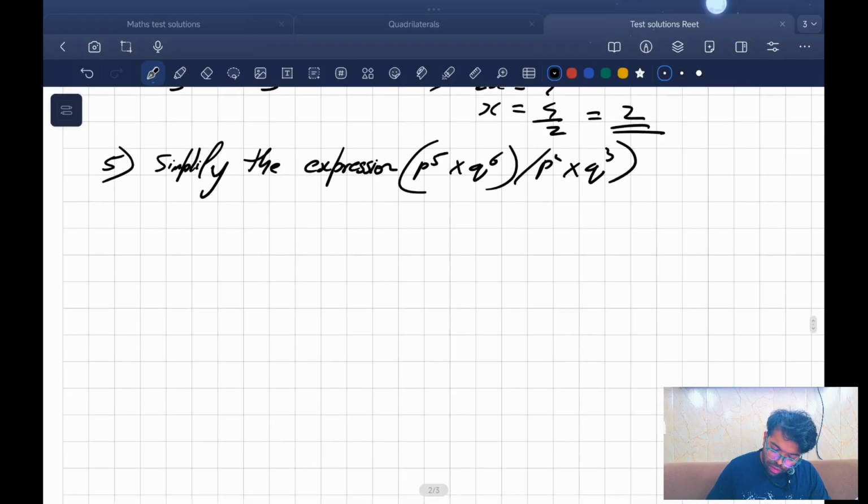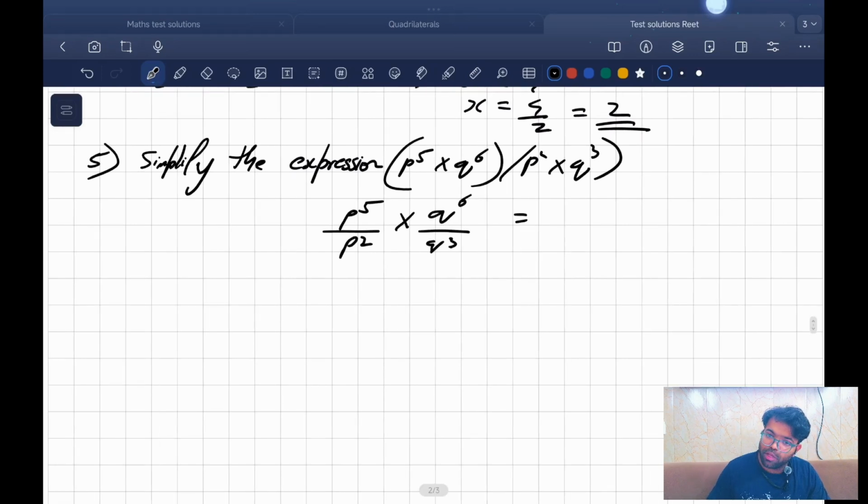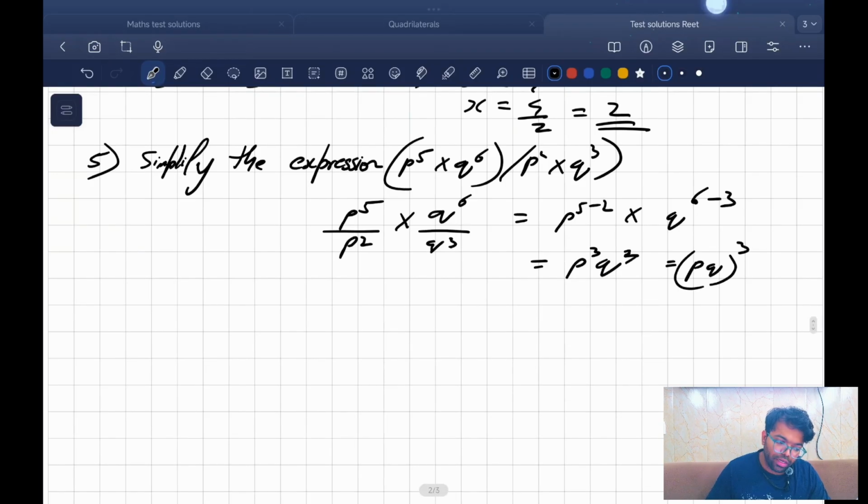Okay, so this will become p to the power of 5 upon p to the power of 2 multiplied by q to the power of 6 upon q to the power of 3. That is p to the power of 5 minus 2 multiplied by q to the power of 6 minus 3, which is equal to p cubed q cubed.